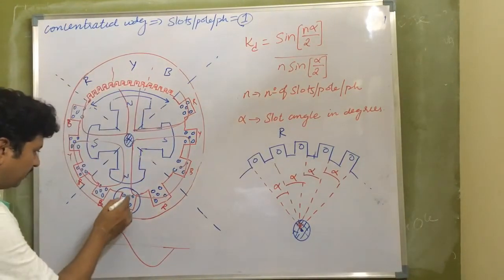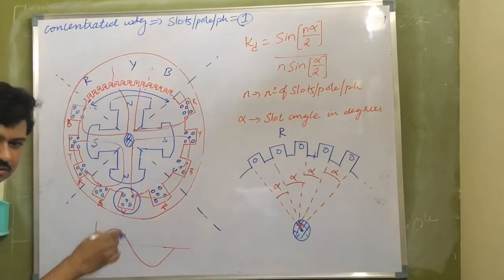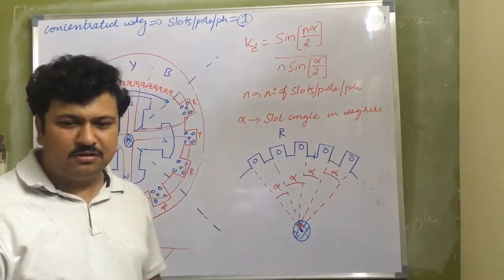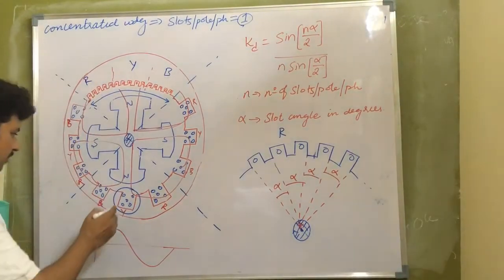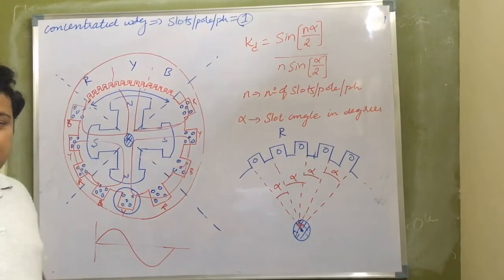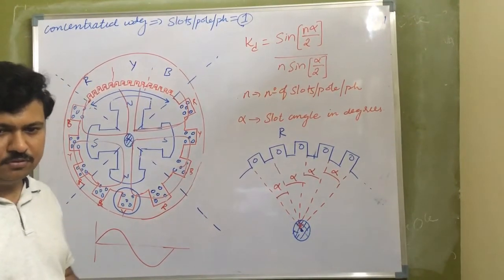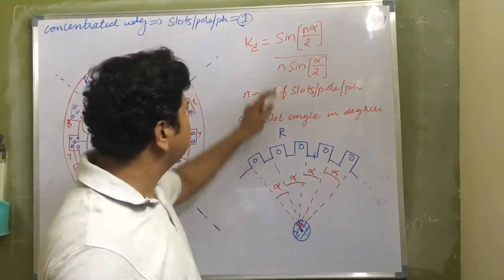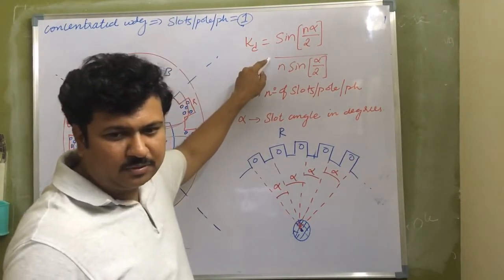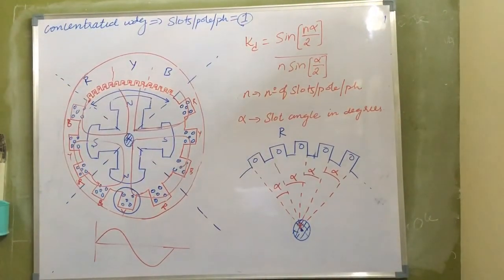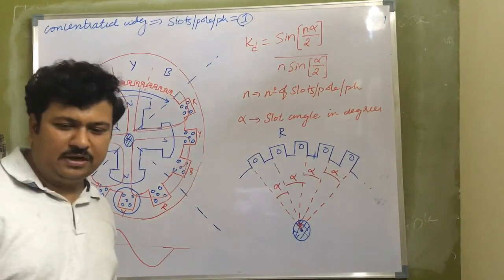Therefore the total EMF induced in this slot is the sum of EMFs induced in each conductor. There is no phase difference between the EMFs induced among conductors, so it becomes an algebraic sum. This is the meaning of distributed winding. There is a derivation for this formula, but it is not in your syllabus, so I did not take it up.